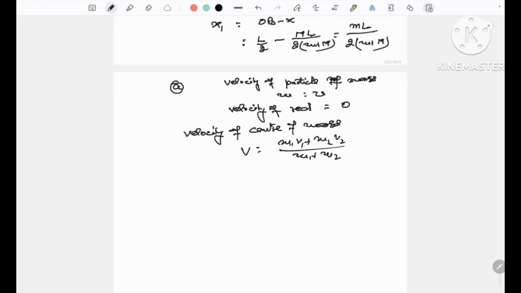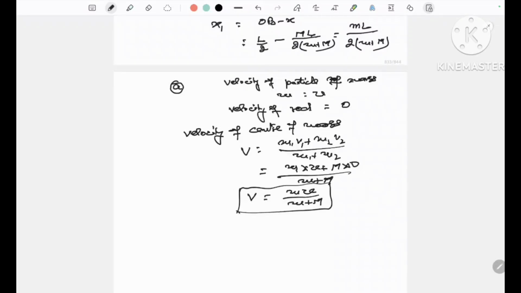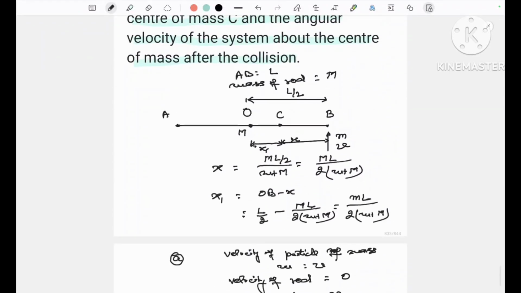This is the formula. m into v plus m into 0 upon m plus m. The velocity of center of mass is V equal to mv upon m plus m.